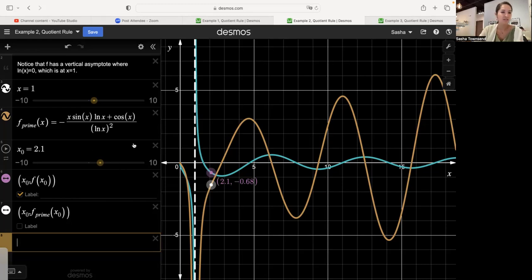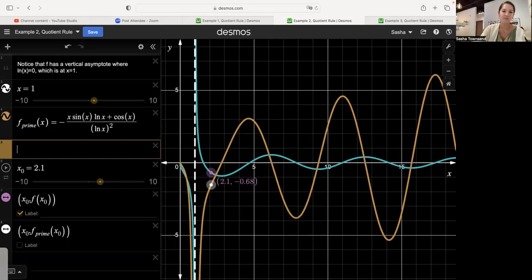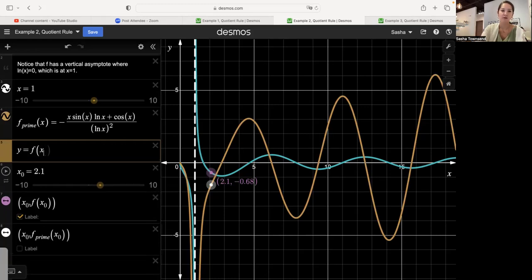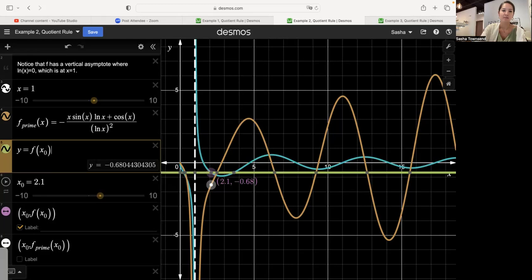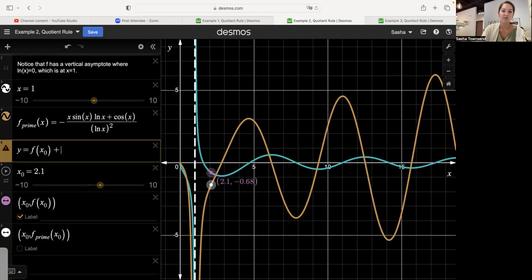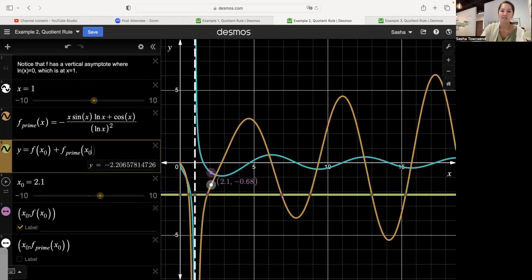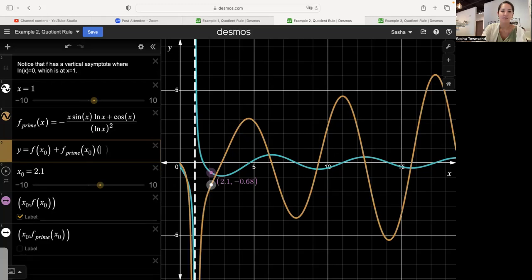Let's sketch the tangent line there. So the tangent line is given by the original y value, so that's f of x naught, plus the change in y over change in x, which is just our derivative. That's our instantaneous rate of change at x equals x naught. And then we multiply by x minus x naught, which is just the change in x.